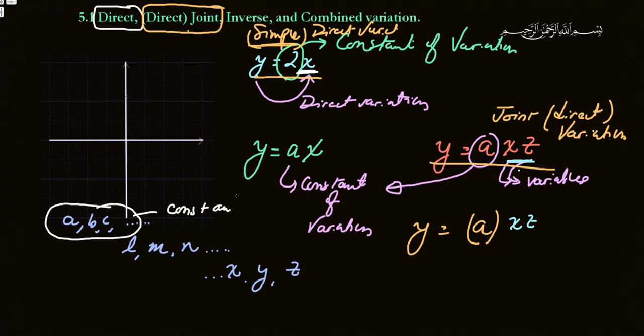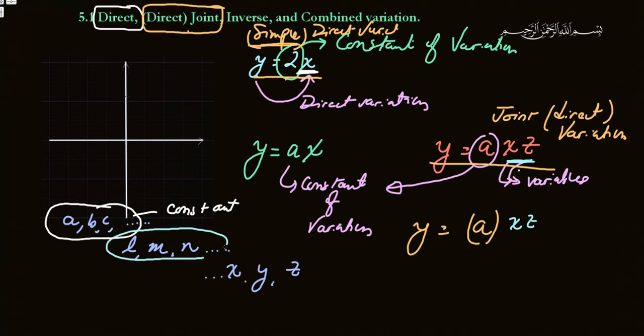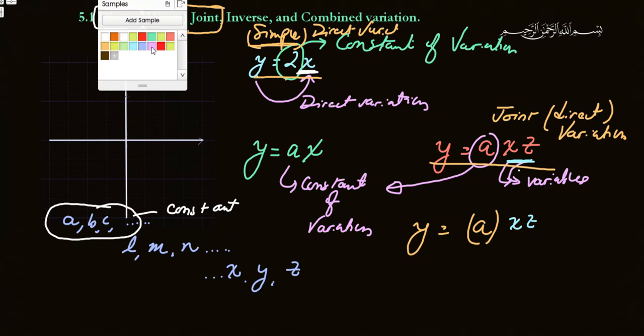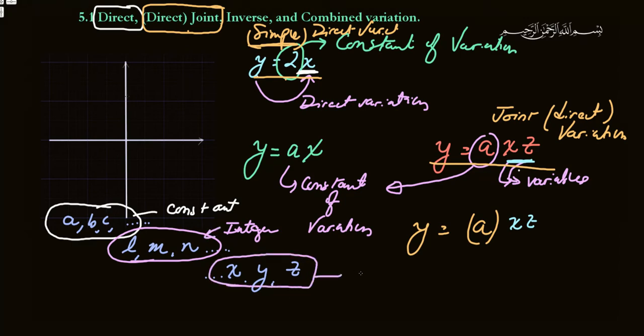There's no law like this. It's just kind of like mathematical manners. So we use the first part of the alphabet for constants, and the middle part of the alphabet, which you will see in the next two chapters, typically for integers. So if you want an integer constant, typically use those. And of course we use the very last part of the alphabet typically for variable quantities.